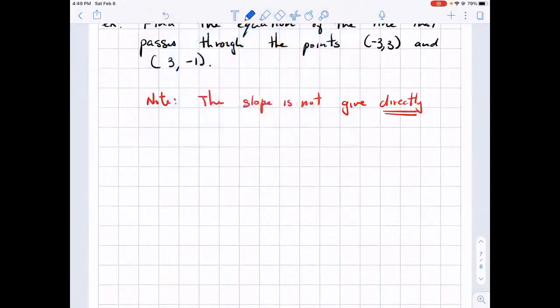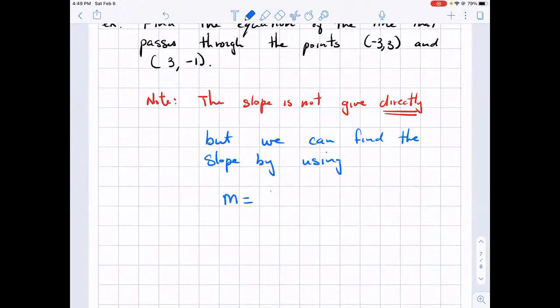But we can find the slope by using m is equal to y2 minus y1 divided by x2 minus x1.